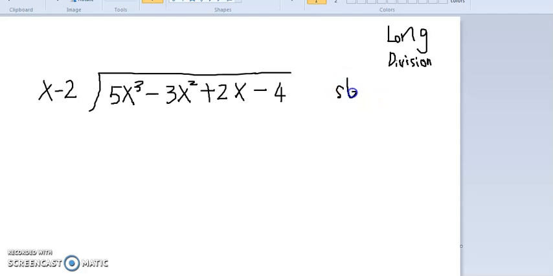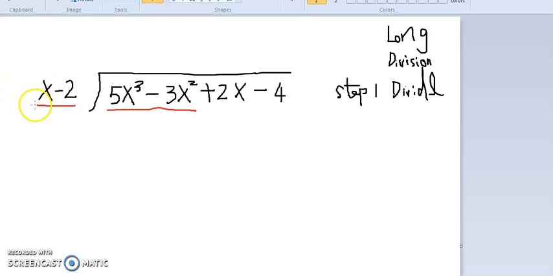Step 1, divide. We're going to divide first term by first term. So if you look at this question, we're trying to figure out x minus 2 into 5x cubed minus 3x squared how many times.